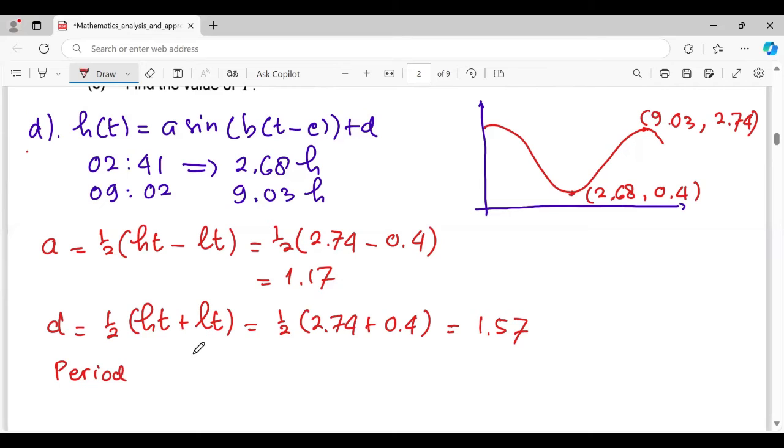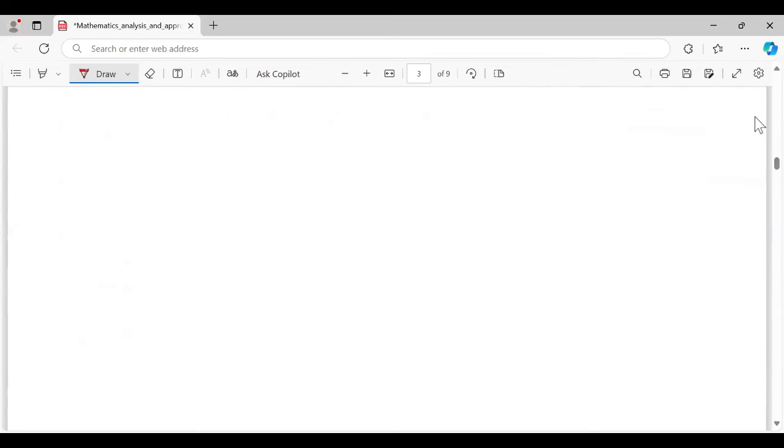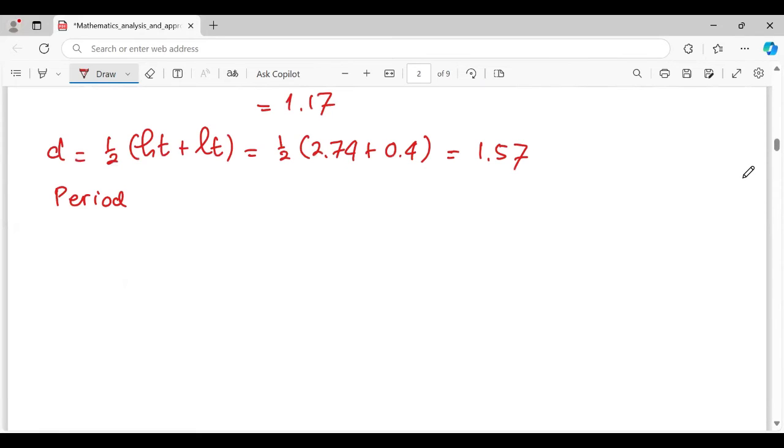Right. And next, period. I would like to find the period of this graph. The period is the time between two consecutive high tides. So how to find the period through these two consecutive times? I have a problem with this.